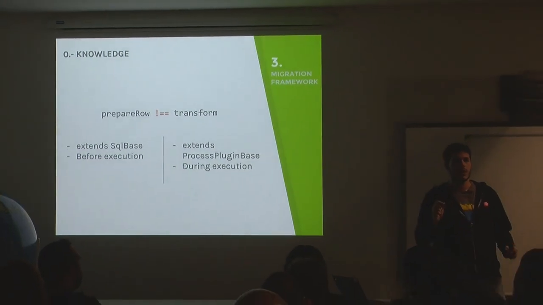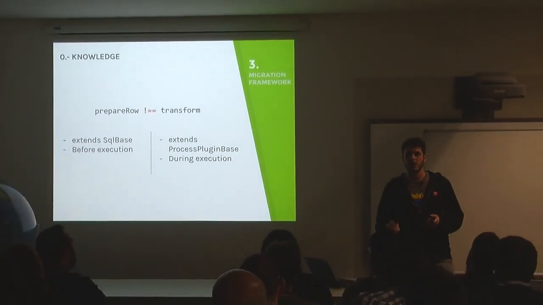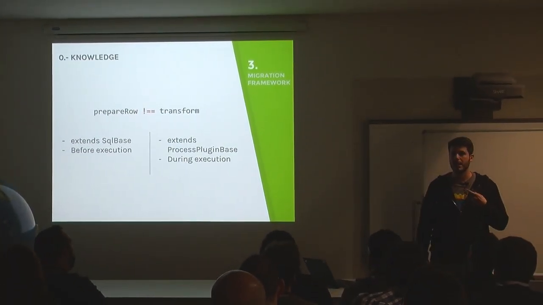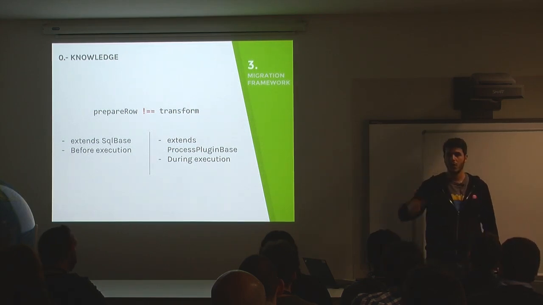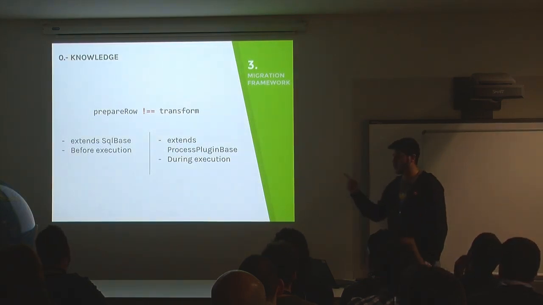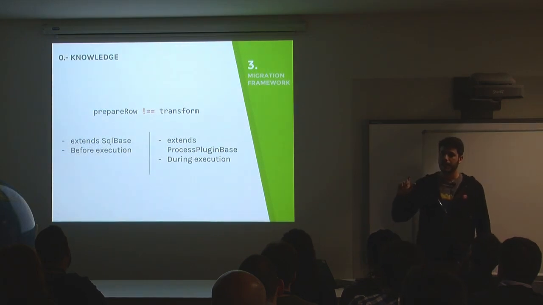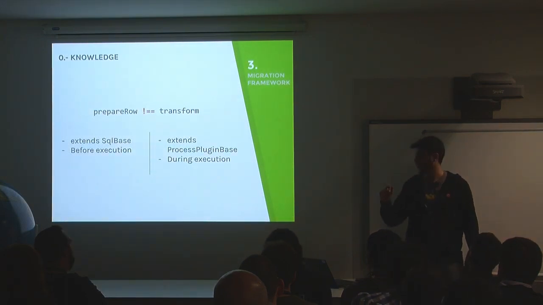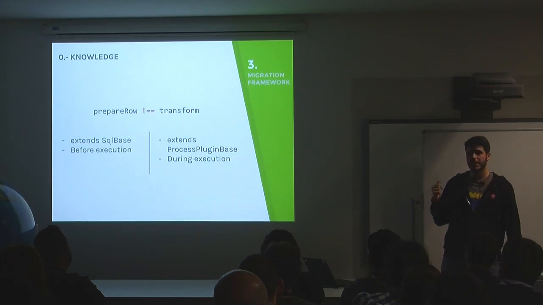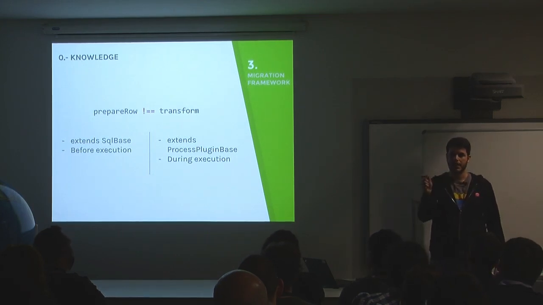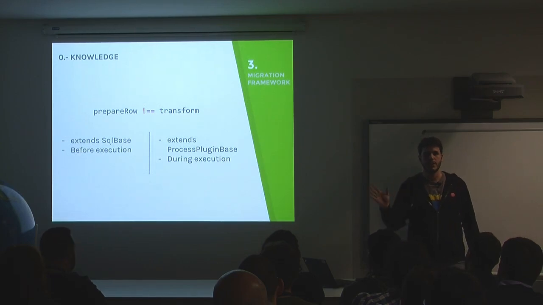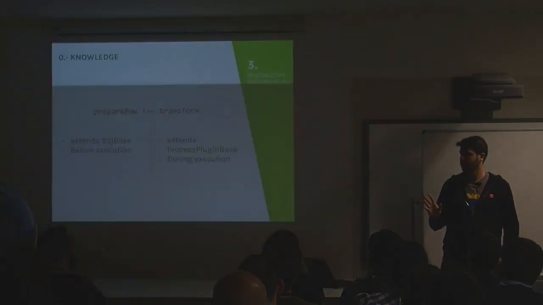If you filter this migration with ID list or limit 6, this will execute on all of your query. Okay? Transform is a process function, in process plugin base, and is executed during migration. If you limit this query to 7, okay, this function only executes 7 times.